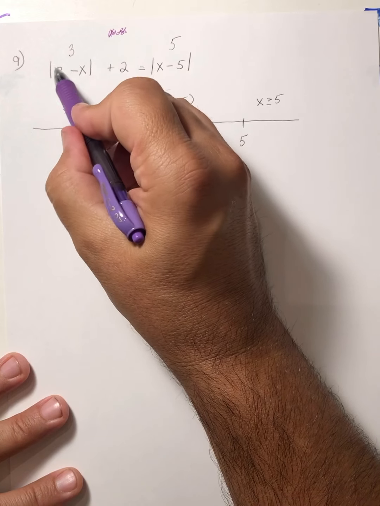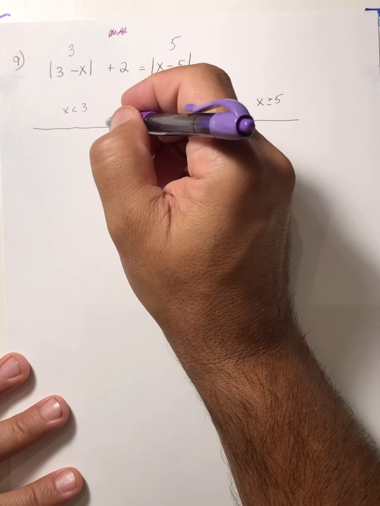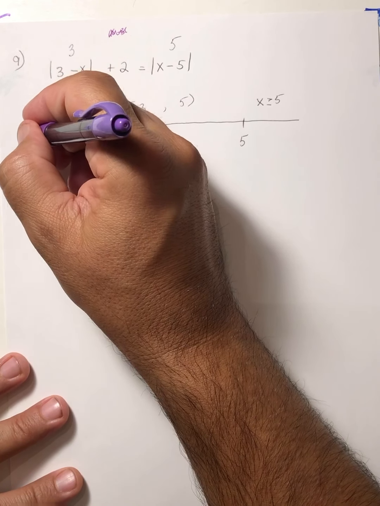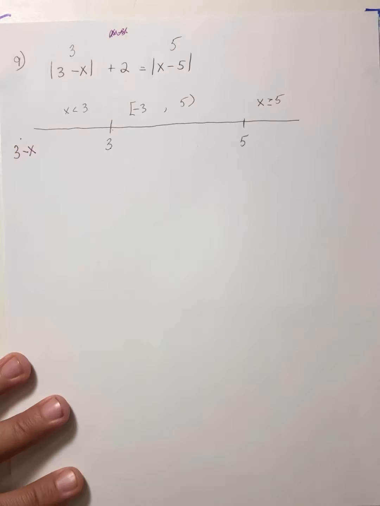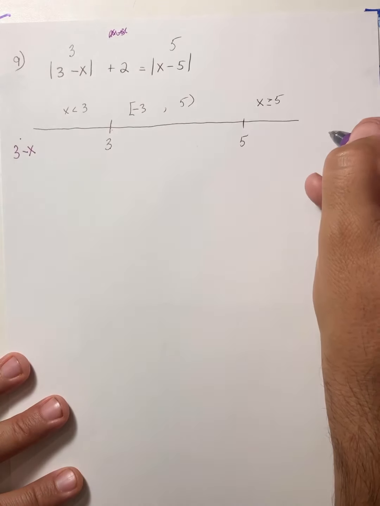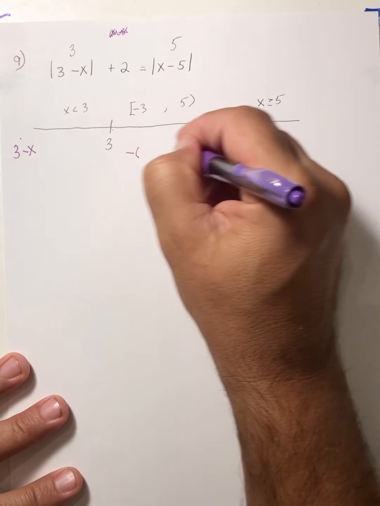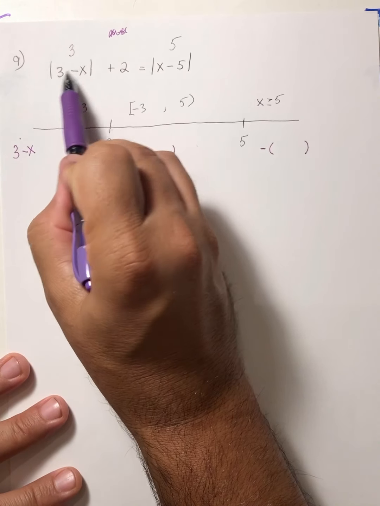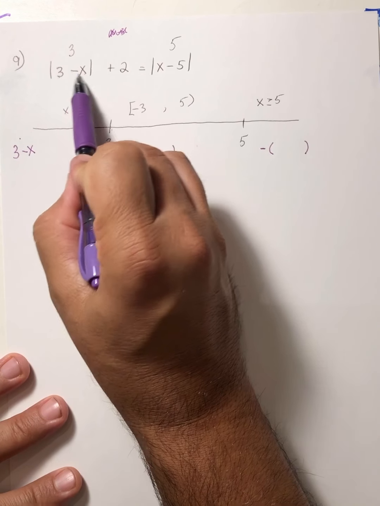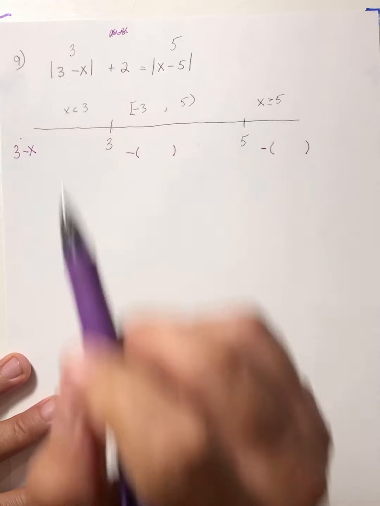So because this is written backwards, anything to the left of 3 is a positive result. Anything to the right of 3 is a negative result. That is the uniqueness of when you have 3 minus x because it's written backwards. Be very, very careful if you see one like that.